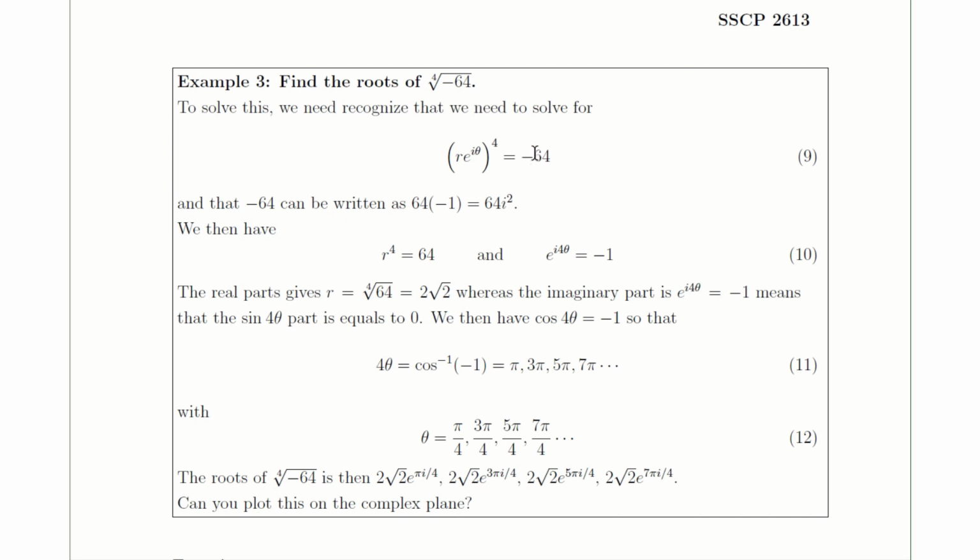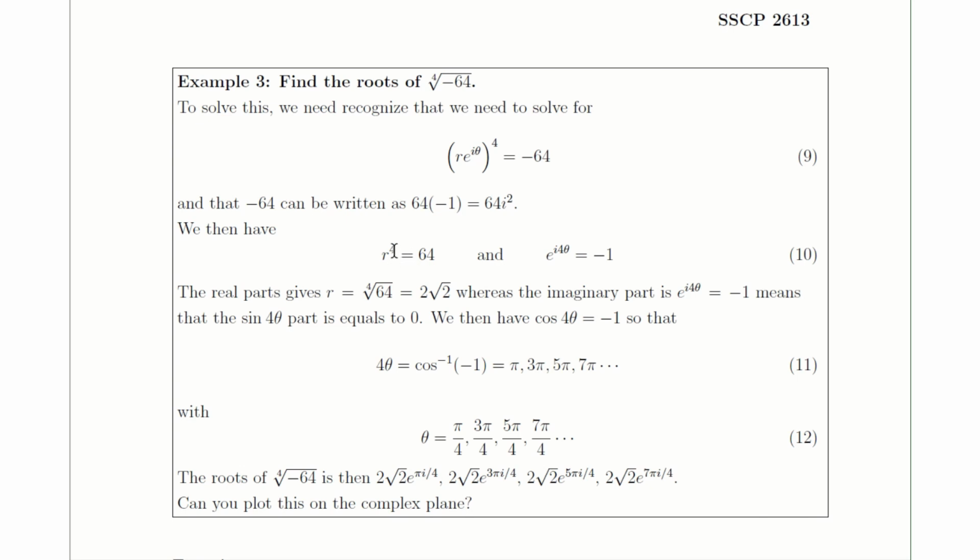So then you will rearrange it a little bit so that negative 64 can be written as 64 multiplied by negative 1. And negative 1, we should remember, equals i squared. So negative 64 is the same as writing 64 i squared, or 64 multiplied by negative 1.